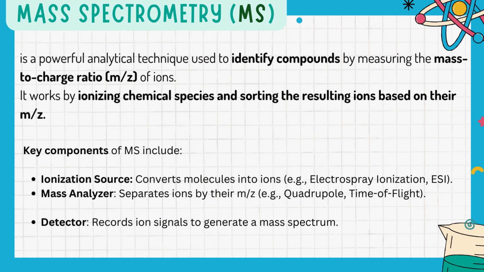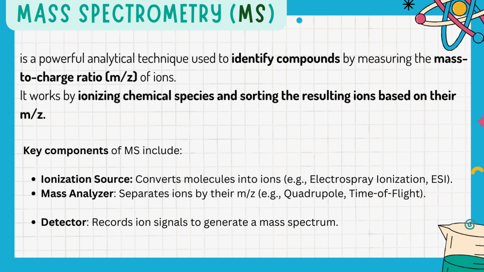For example, there is electrospray ionization and MALDI-TOF ionization. So ionization is the first step, mass analysis is the second, and then there is detection.